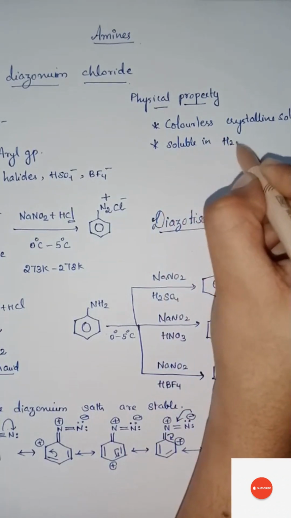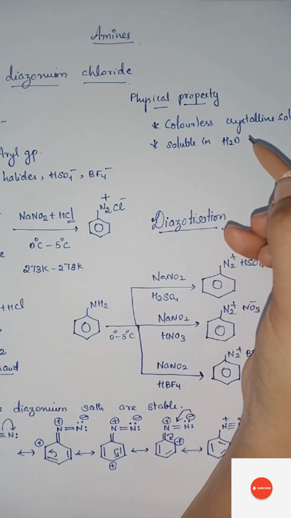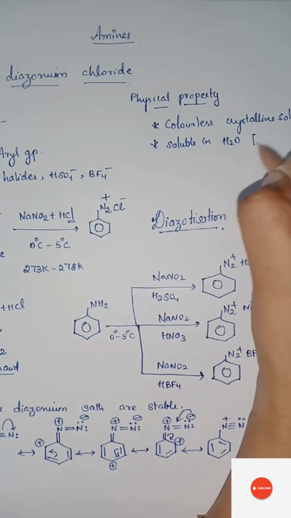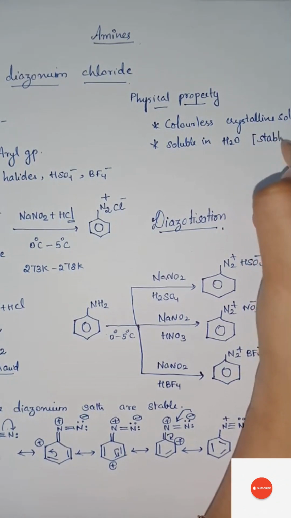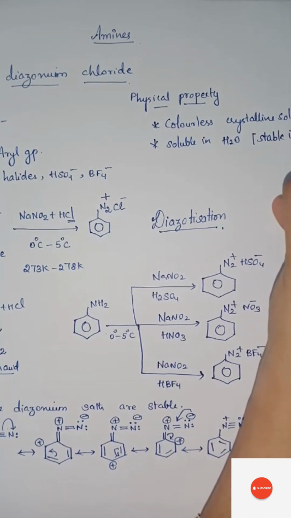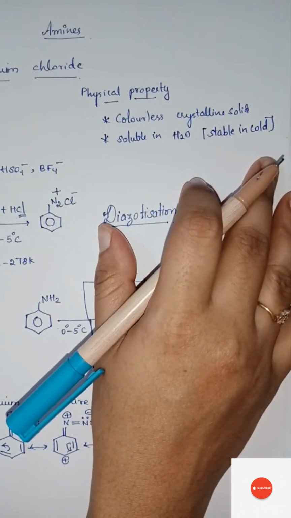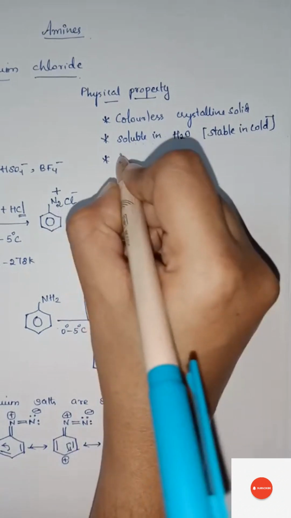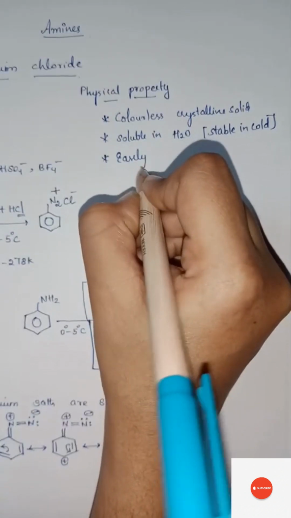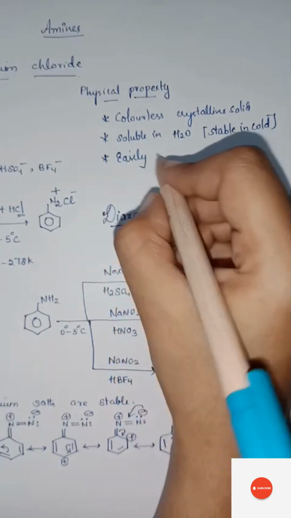Once it's prepared, it will be in solution form, and it is stable in cold condition. Cold condition means the same 0 to 5 degrees, not 25 degrees, and it can easily decompose in the dry state. Dry state means normal room temperature.